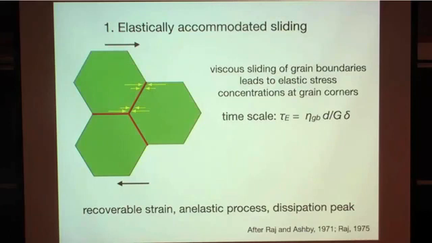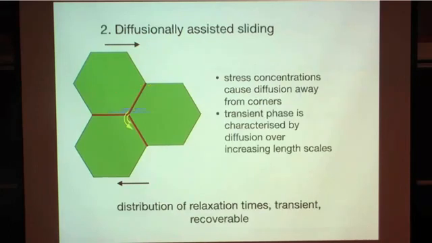And the background is, so going back to grain boundary sliding, right, we apply a shear stress across the grains. The shear stress, as you can see, in this simple thing, tends to rotate the crystals just a little bit. You get stress concentrations at the grain corners, and stress concentrations drive diffusion. Right? So we have diffusion as we get stress concentration at the corner. We drive diffusion away from these corners.